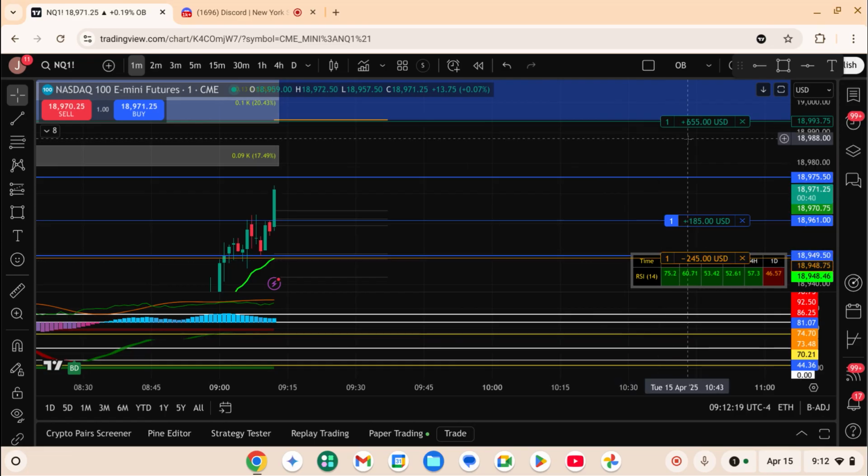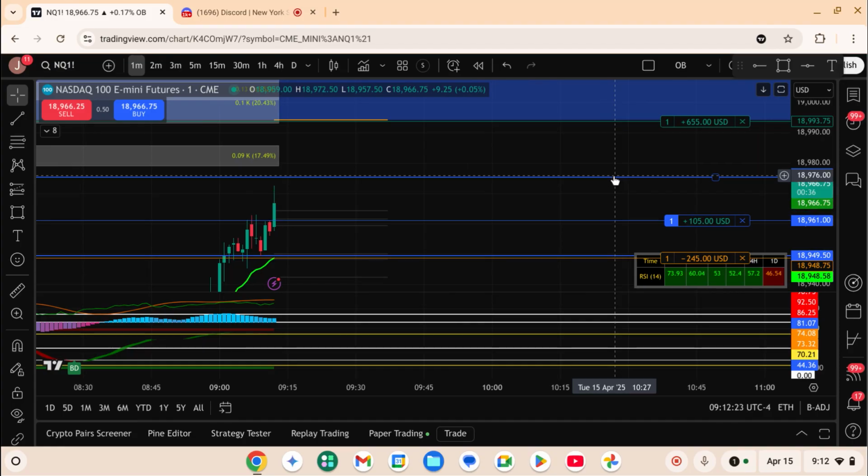All we're going for is 500 on this trade. But I think this is probably going to be a runner.